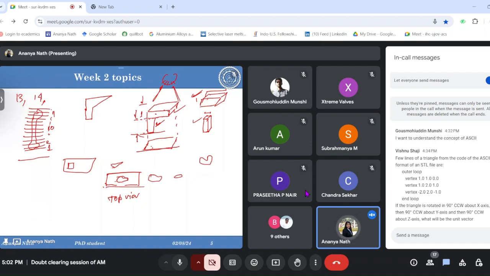So in the contour method, we can have the whole contour as a support. We can have an optimal dimension of the contour, so that the support which is unnecessary, we can just discard those portions of the support, because support is again the waste of material.